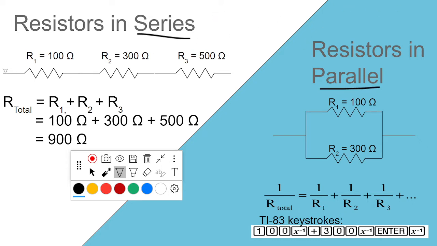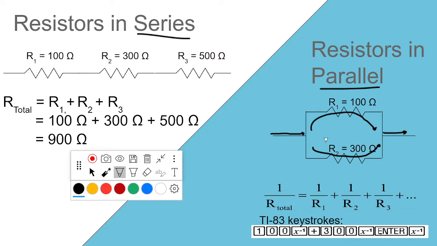When they're in series, the current will flow through the first one, and then it flows through the second one, and then it flows through the third one. When they're in parallel, the current comes this way, and it has a decision to make. Some of the current is going to go this way and out, and the rest of it is going to go the other way and out.